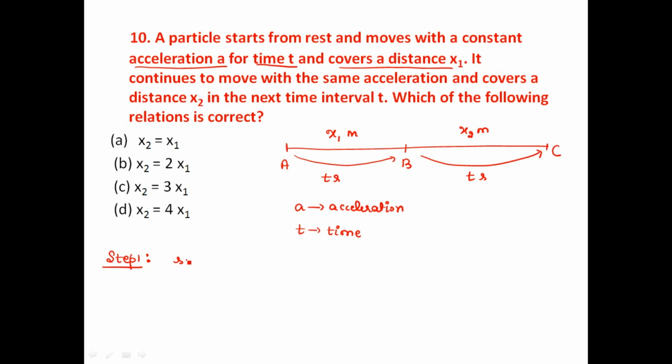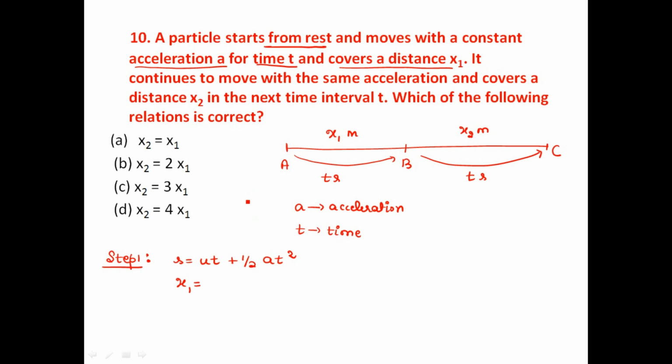I'll write s is equal to ut plus half at square, which is the relation used. What is the distance covered in first t seconds? It is x1. I'll write x1 is equal to, tell me what about the initial velocity in this case?